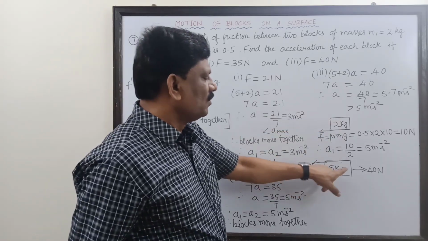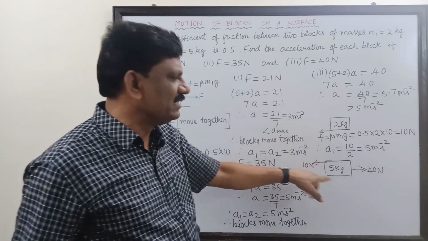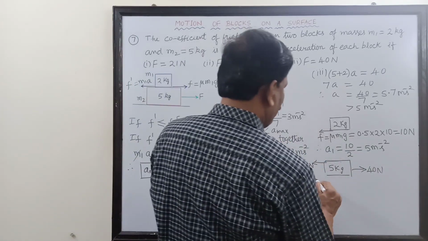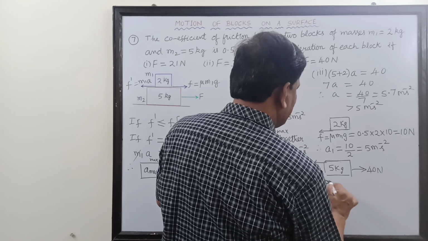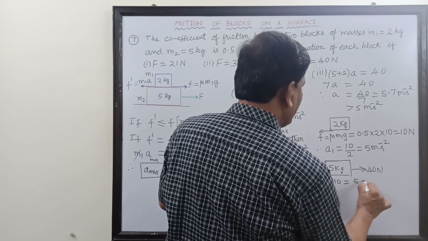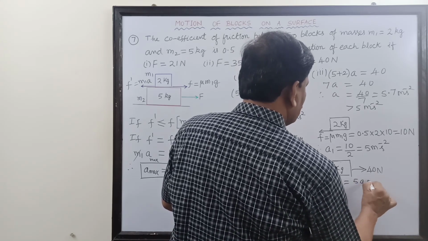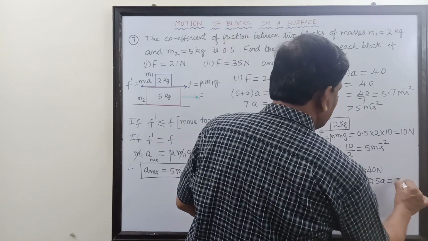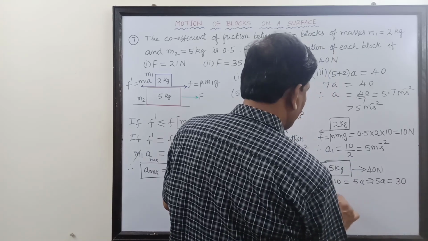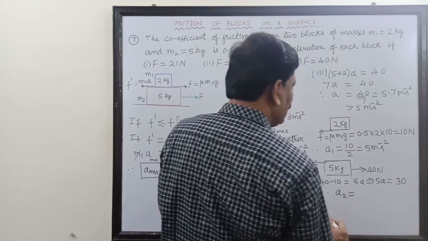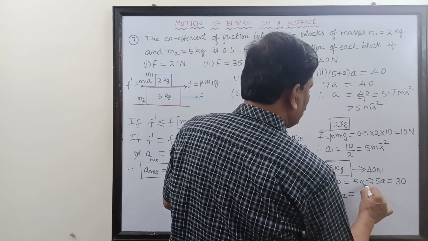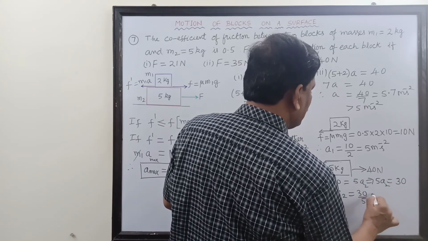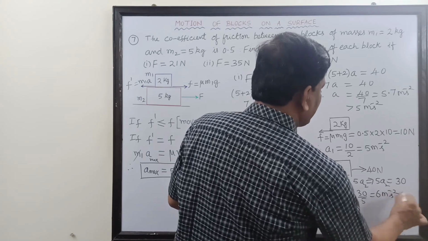So for the mass of 5 kg, 40 Newton is acting forward and 10 Newton is reverse. Therefore, 40 minus 10 is equal to 5 into A. So 5 into A is equal to 30. Therefore, the acceleration of the second block, A2, is equal to 30 by 5, that is equal to 6 meter per second square.